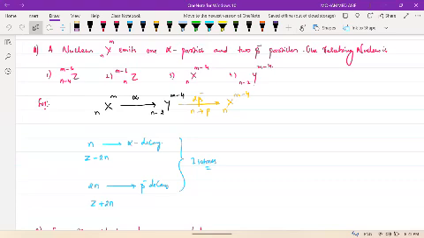Which option will be matching? The resulting nucleus has atomic number n and mass number m minus 4. Which option can you connect that to? Option number 3. Isn't it?